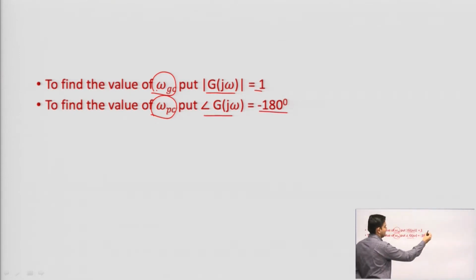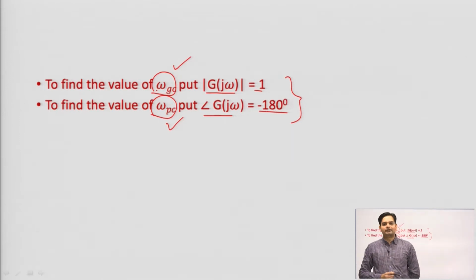When we use these two conditions, we can determine omega GC and omega PC, which will help us in determination of gain margin and phase margin.